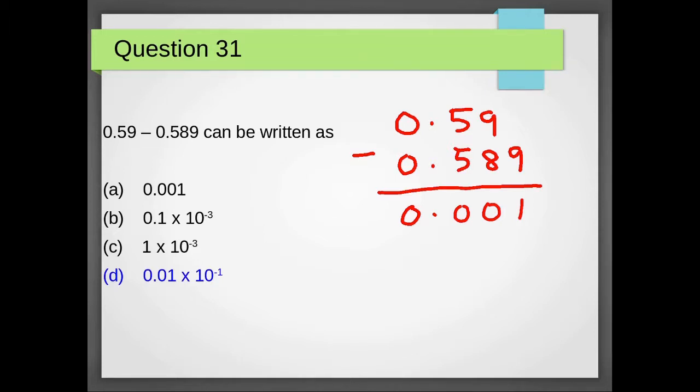So that means we have to retain only 2 decimal places in the final answer. So though the answer is 0.001, I will not be able to choose A as the right answer, because I have to retain only 2 decimal places. So I have to rewrite this in standard form as 0.01 into 10 to the power of minus 1, which is the right answer.